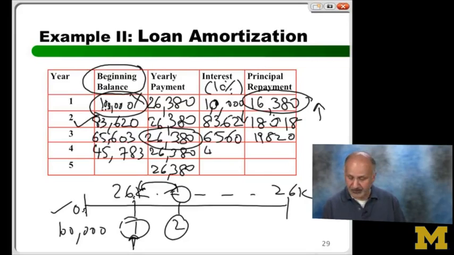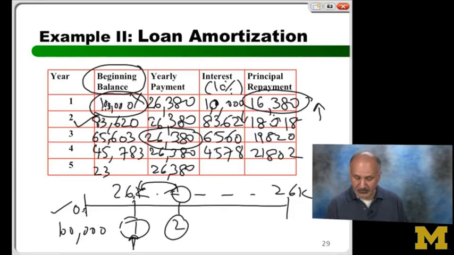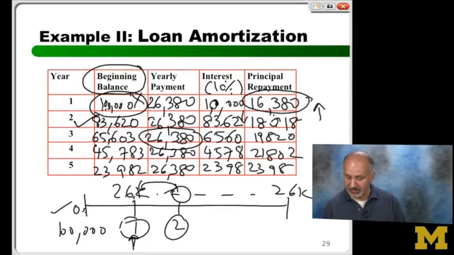This number drops to 4,578. This number goes up to 21,802. This number becomes 23,982. This number is 2398. And the last number is 23982.